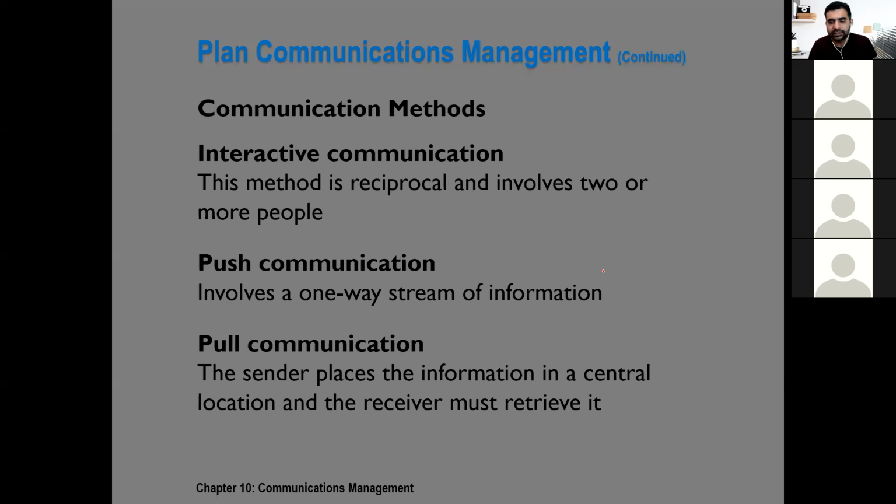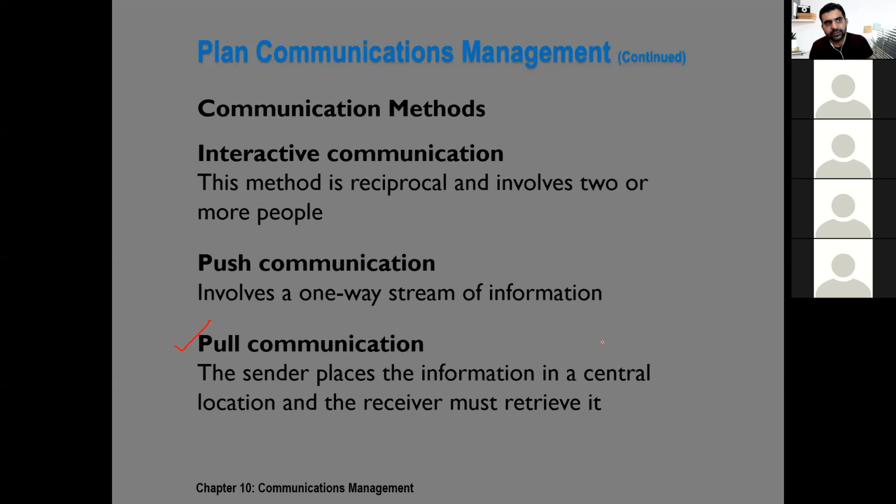On the other side, the pull communication, that is our last type, is where you put all the information in a central place. It could be your wiki, it could be your website. For example, COVID-19. To manage this project, obviously it's a big project and we really don't know its end. They developed a whole website where people can go and get the latest information.